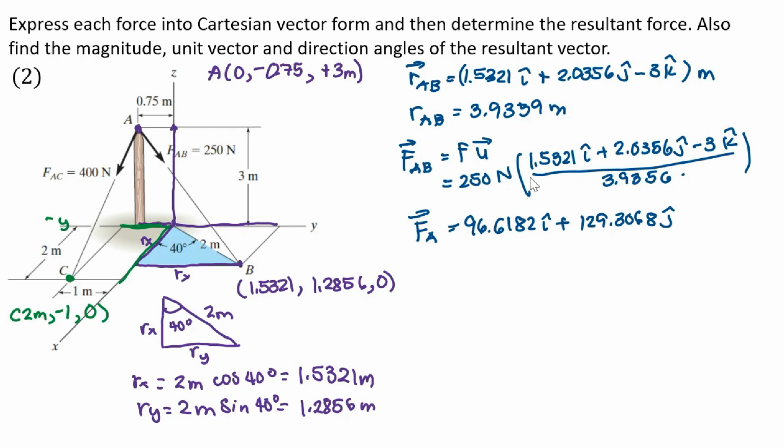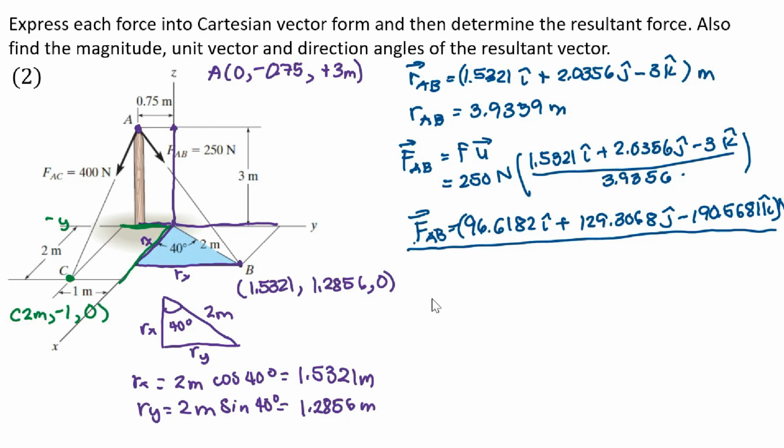And lastly, 250 times negative 3 divided by 3.9359, that is negative 190.5681 k hat. And do not forget the unit, which is Newton. That is now for force AB.